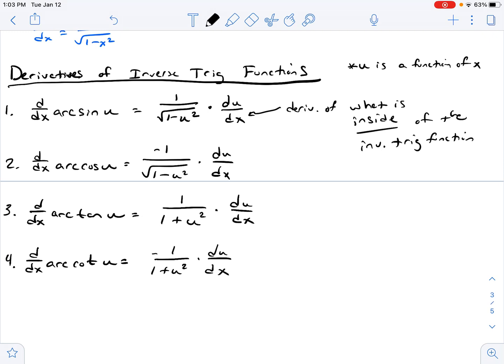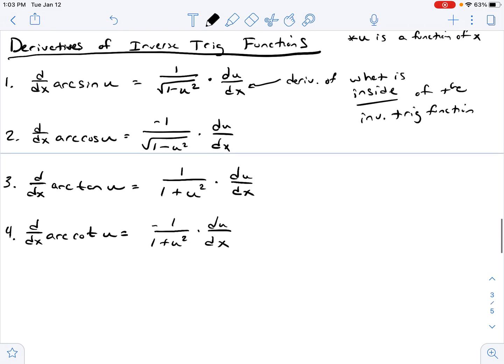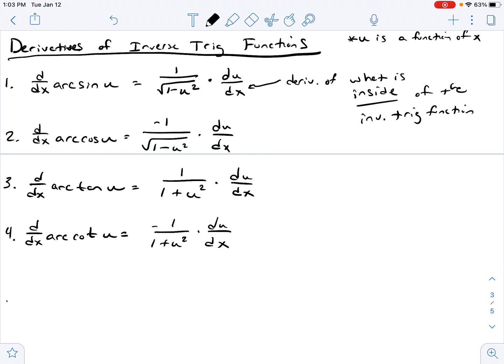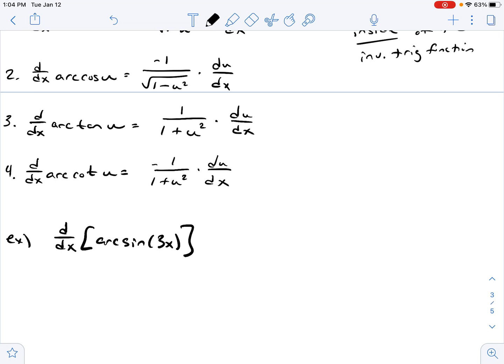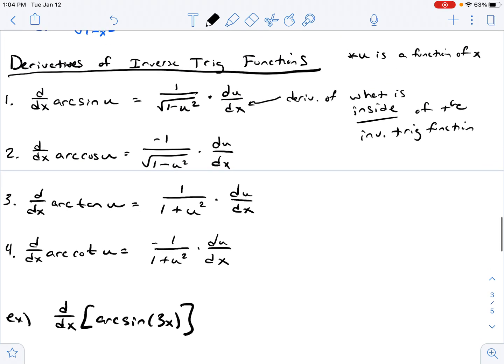So you want to know these, get to know these, okay? And let's see how they work. So let's practice taking some derivatives, okay? Let's find d/dx of arc sine 3x here. Okay, so again, this is telling us take the derivative of this thing. That's what that instruction means, okay? So it's the derivative of the inverse sine function, and inside my u here is a 3x.